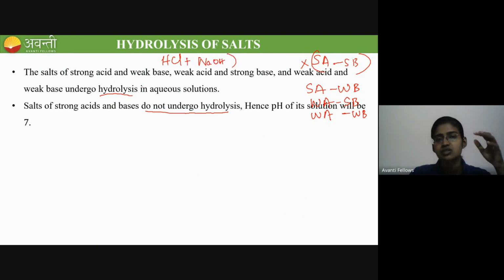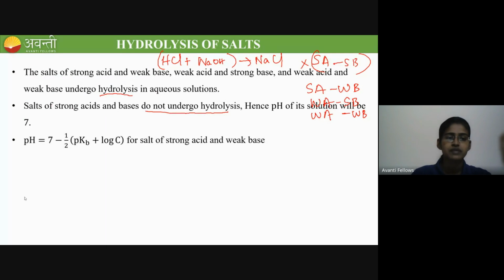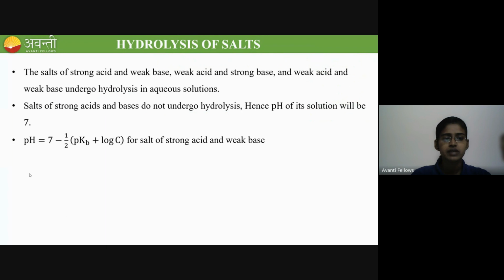If I take these two, they will produce one salt and that is NaCl. The salt of this does not undergo hydrolysis. So the pH of the solution will be equal to 7.